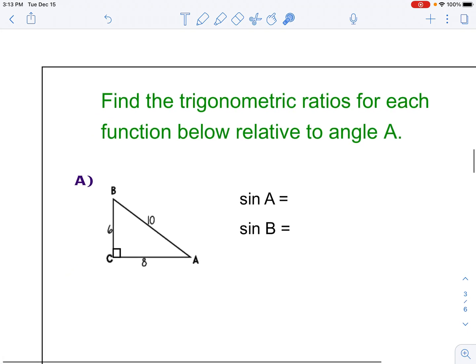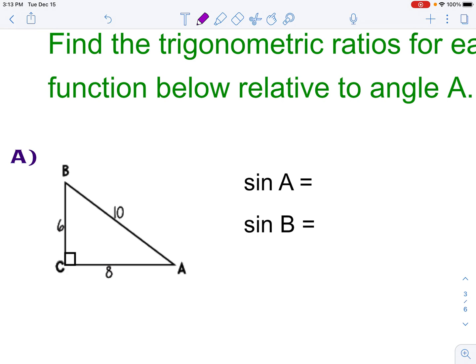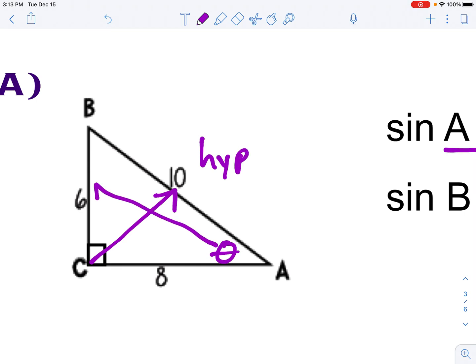Find the trig ratios for each function below relative to angle A, and then relative to angle B. So we want to find the sine of A, so we have to label our triangle according to A. Across from the 90 is always the hypotenuse, and then do the opposite of our angle.